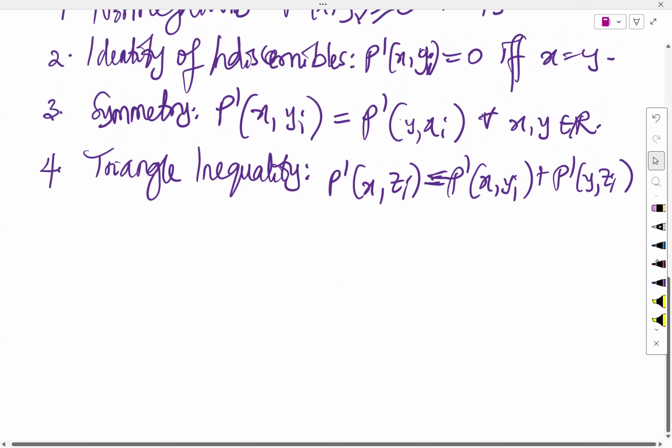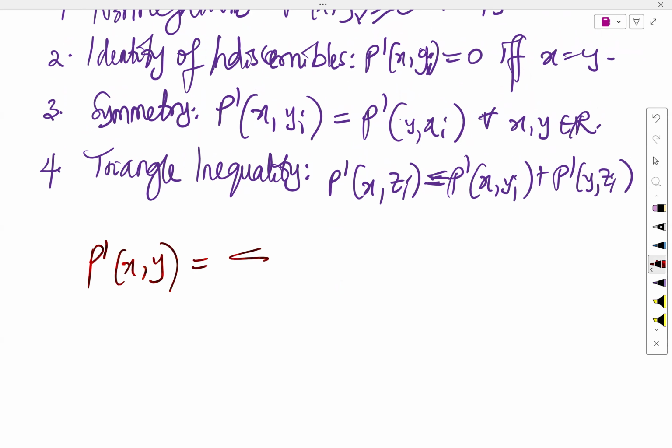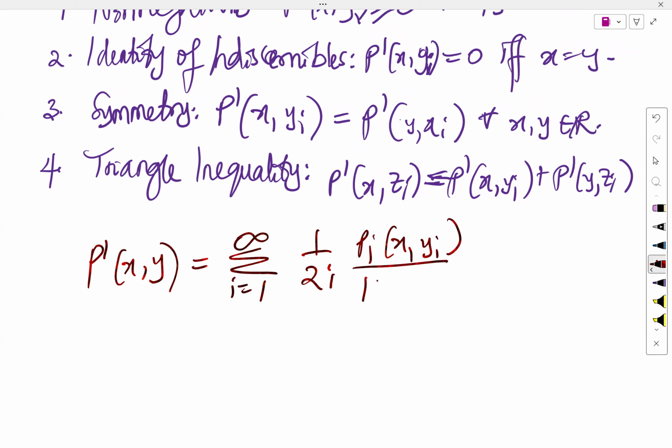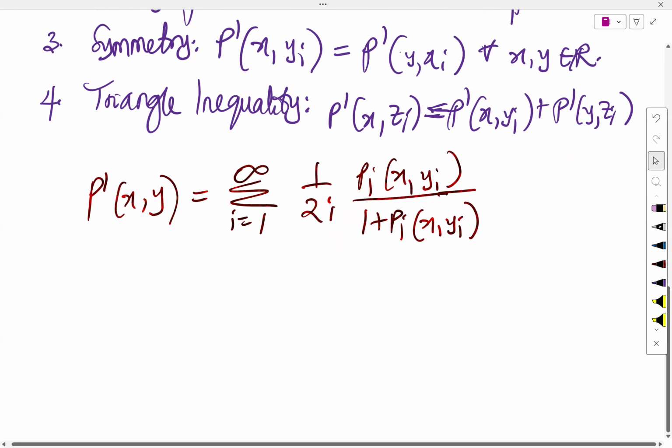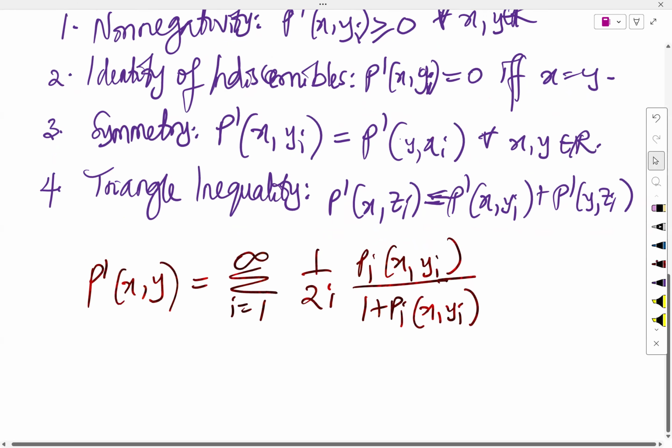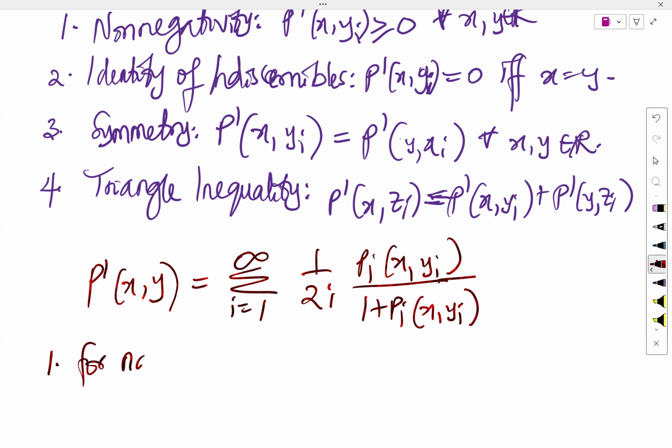So again, what we have is p prime of x comma y is the summation from i equals 1 to infinity of 1 over 2 to the i, multiplied by pi of xi comma yi all over 1 plus pi of xi comma yi. The first thing is non-negativity.